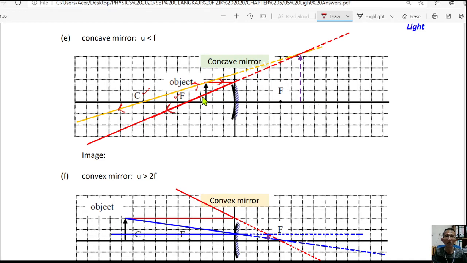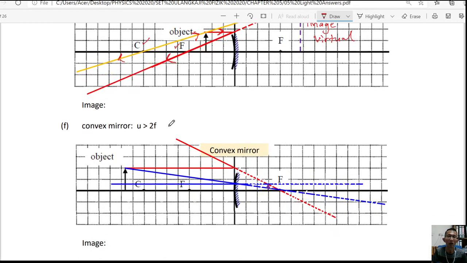Now I have object and image on different sides. If they are on different sides, then this image must be virtual. So the characteristics of the image are magnified, virtual, and upright.